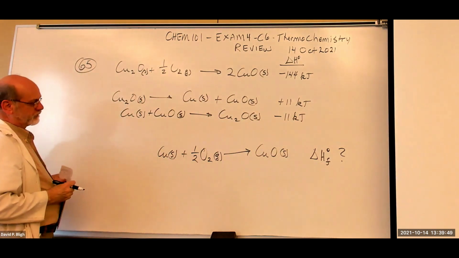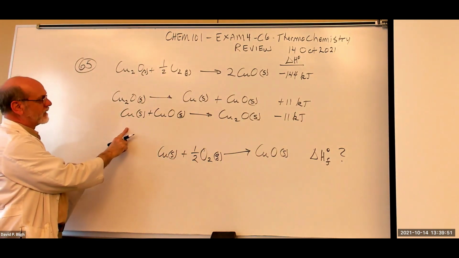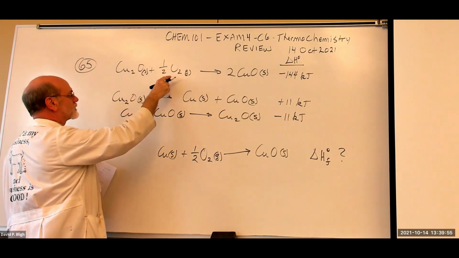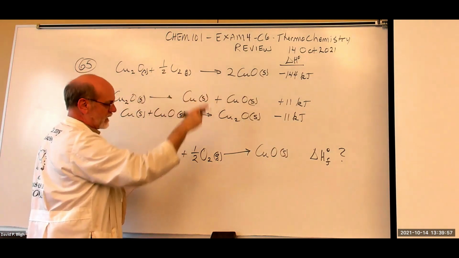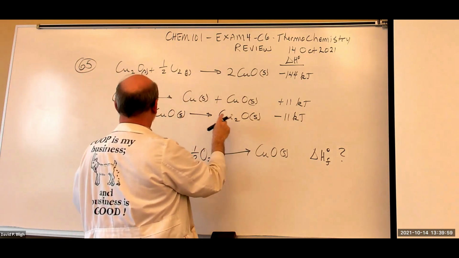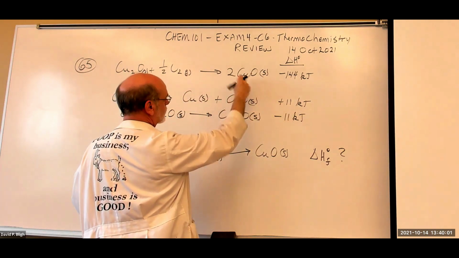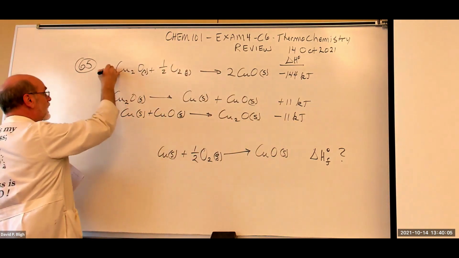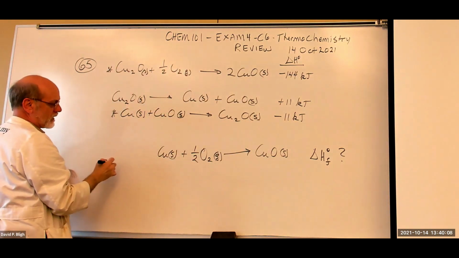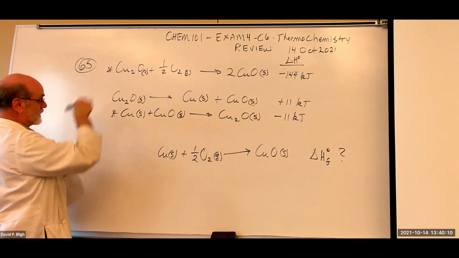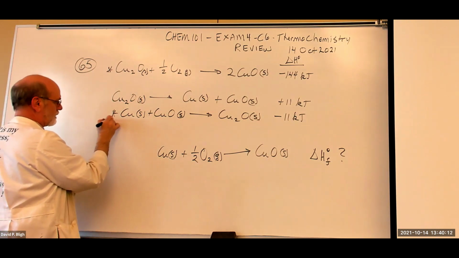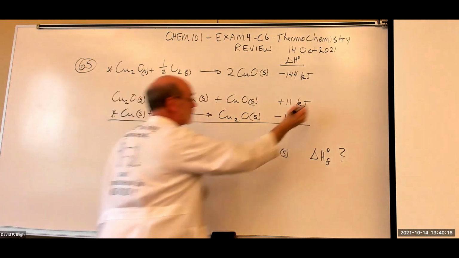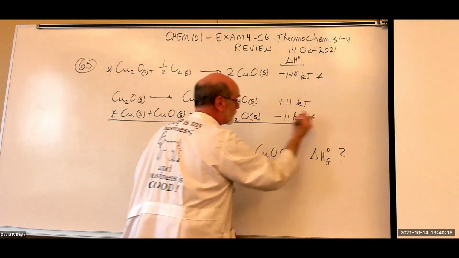Okay. So we got copper on the right side. We got the oxygen on the left side, copper on the left side, oxygen on the left side, and CuO on the right side here. Will that give us, if we use this one and this one, will that give us our target equation? So let's bring them down. And we're going to use this value and this value if this works.